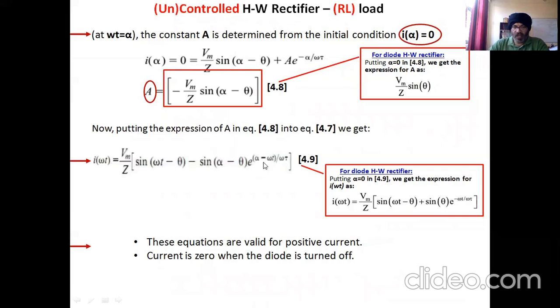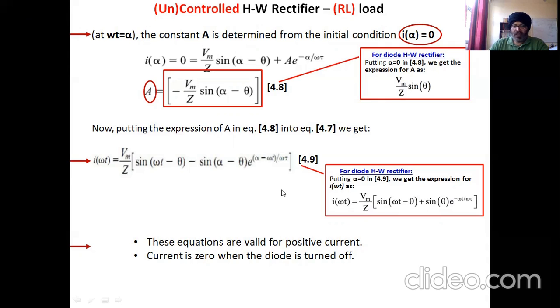And from here, we have an angle alpha. Just by putting the value of alpha to 0, we can use the same expression for the diode half-wave rectifier, which is this.